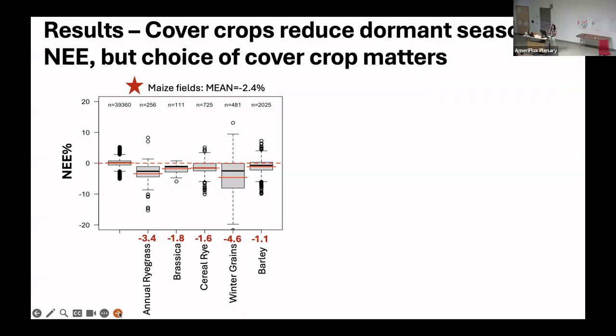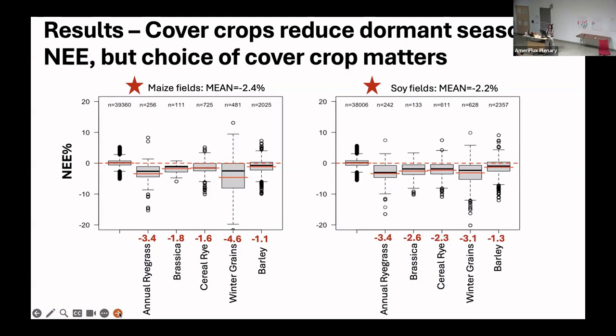Generally, for the maize fields, cover crops take up about 2.4% carbon. The soybean fields are pretty identical in the figure.